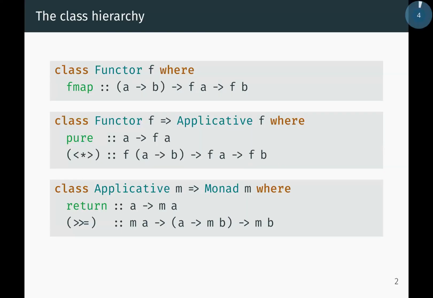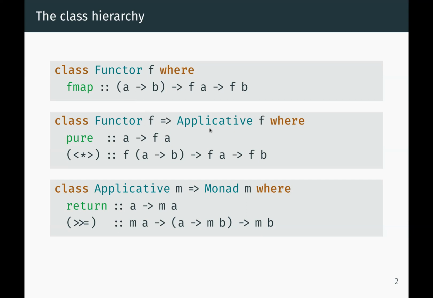Okay, so this is just a reminder of the class hierarchy. So at the bottom we have functor, which gives us fmap. So given a function from A to B, we can fmap to get something from FA to FB. And that is a very important class in Haskell, and a lot of type constructors are functors.